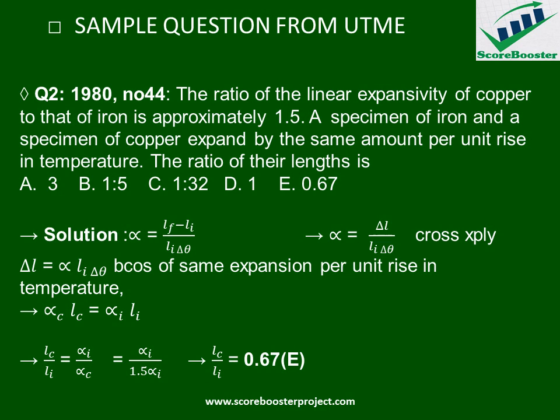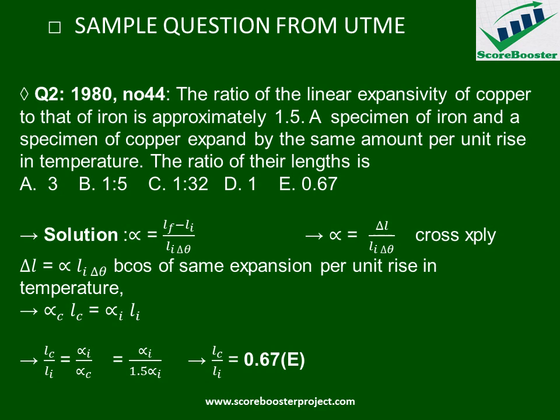The ratio of their lengths is dash. We have option A to be 3, option B is 1:5, option C is 1:32, option D is 1, while option E is 0.67.